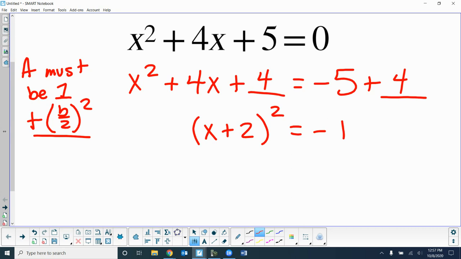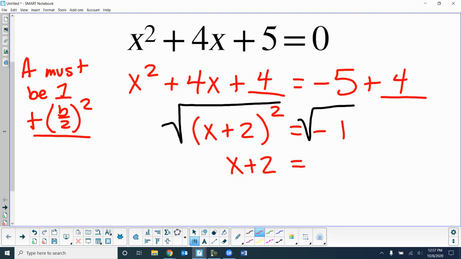Okay, so now it looks like that square root method, right? What do we do now? Yeah, because what you do to one side, you got to do the other, right? So, what's the left side? Okay, what's the right side? Plus minus I to the first, the radical 1.